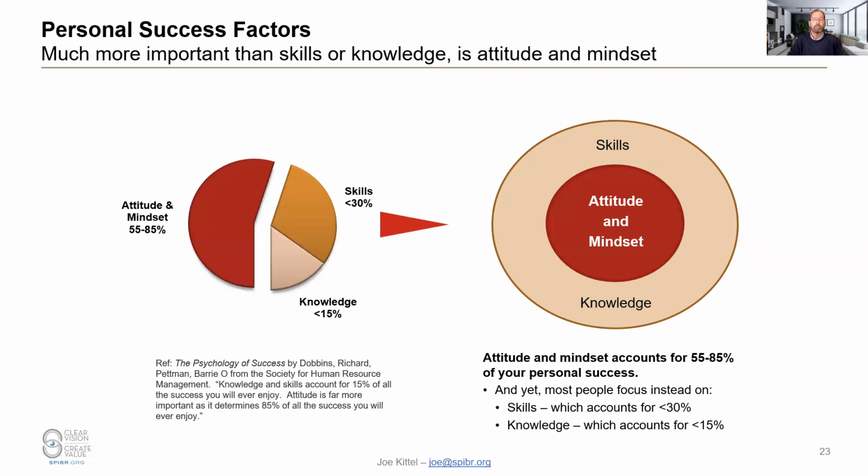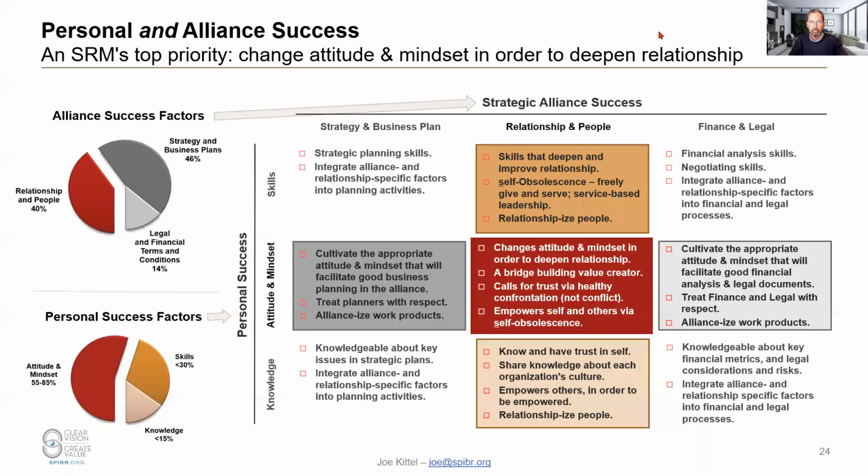However, SRMs are used to focusing on the challenging issues that provide high payoff, such as our willingness to focus on attitude and mindset. At first glance, this slide seems to be complex, and, well, it is. In the next slide, we will get to simplicity on the other side of this slide's complexity.